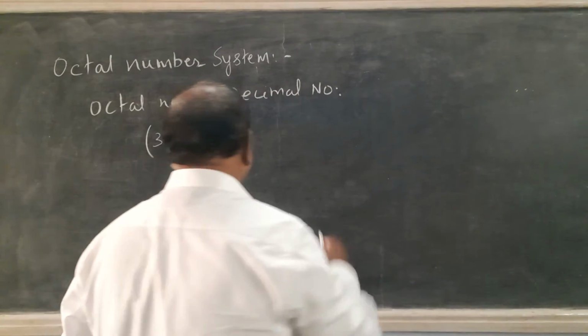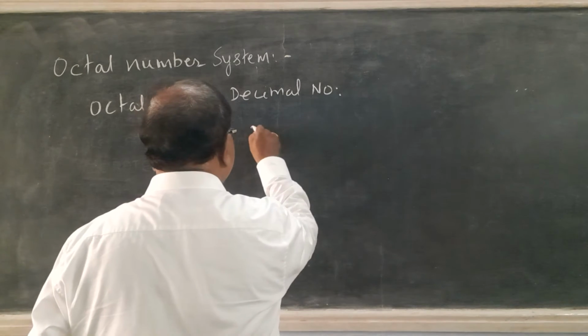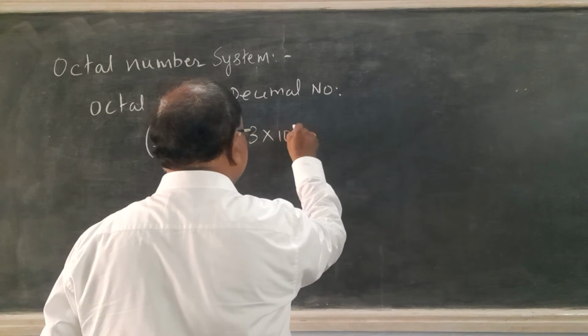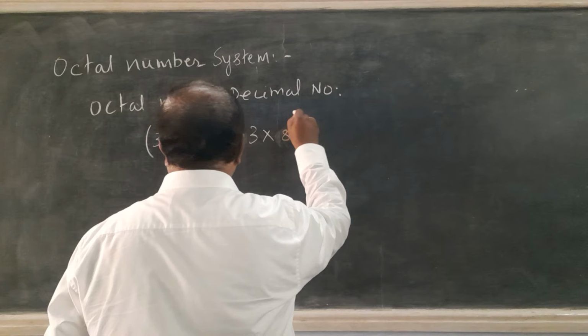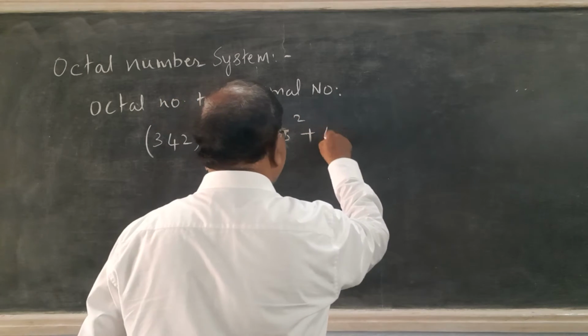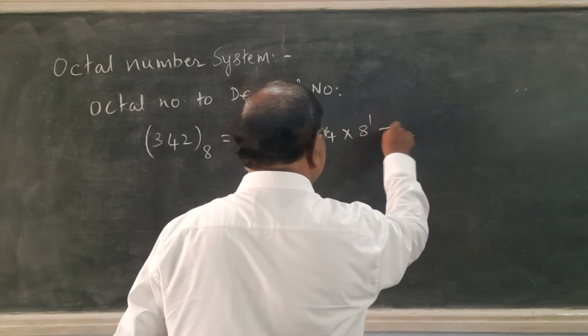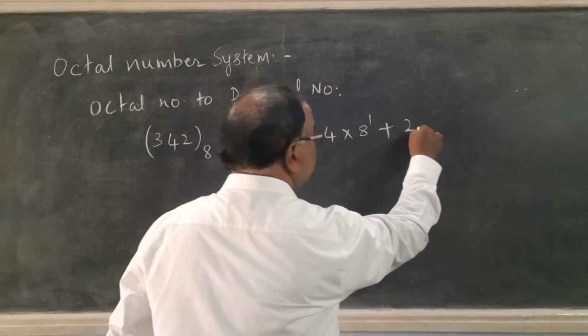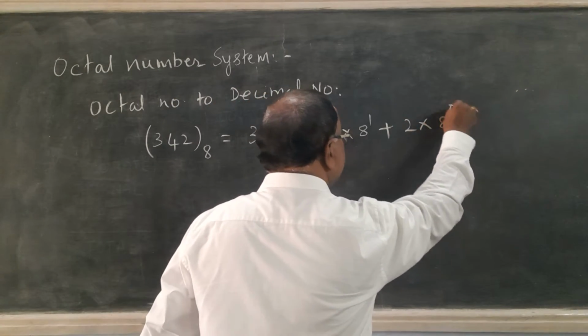As we have done in the earlier case, 3 into 8 to the power 2 plus 4 into 8 to the power 1 plus 2 into 8 to the power 0.